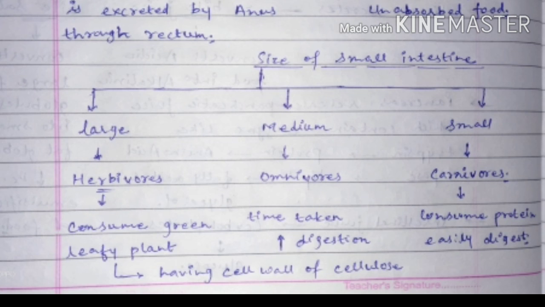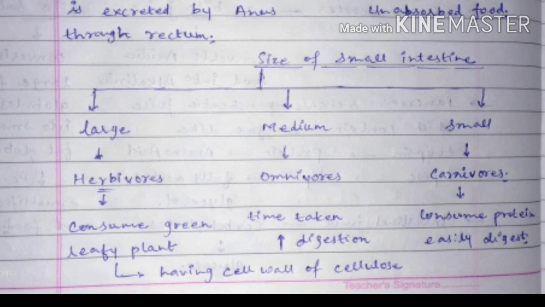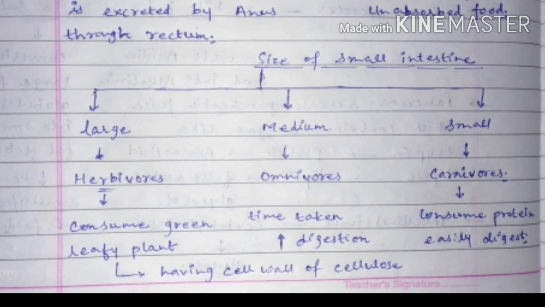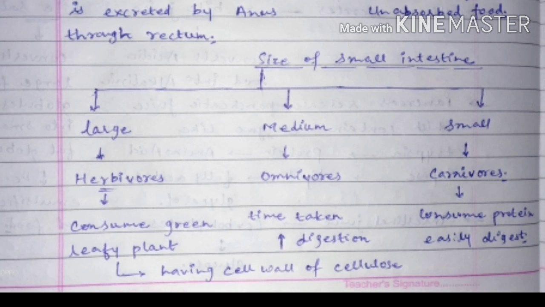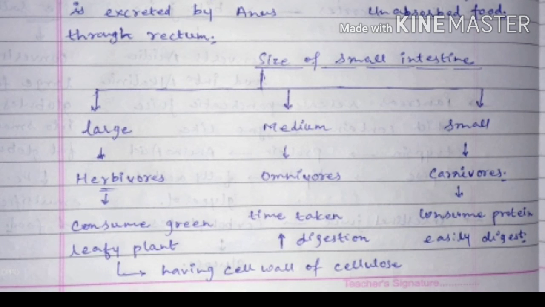For example, these muscles are present between the esophagus and stomach, and also between the stomach and the small intestine. The work of these muscles is to control the movement of food from one part of the digestive system to another.